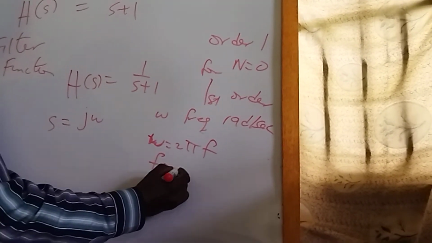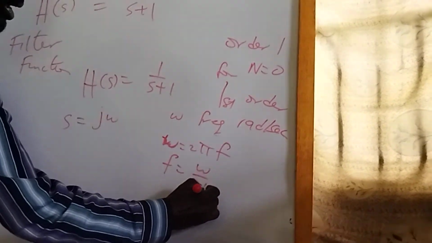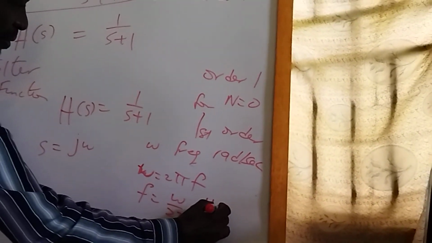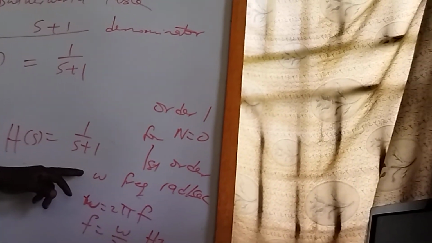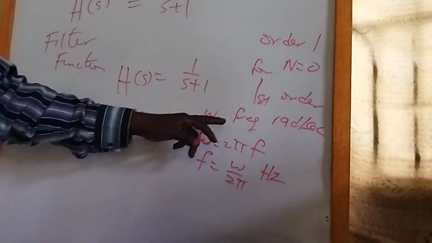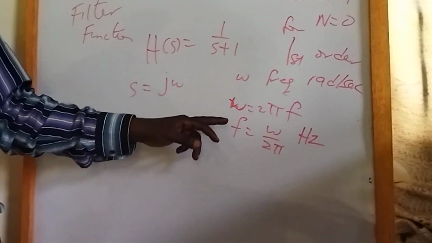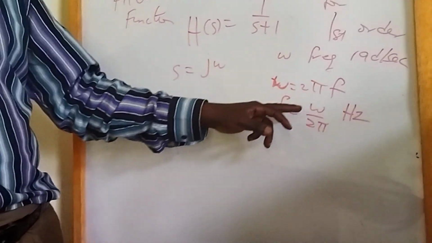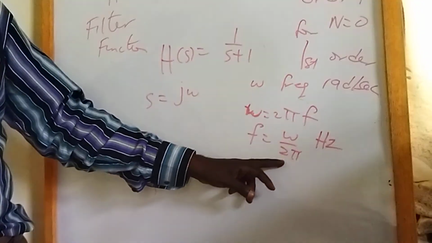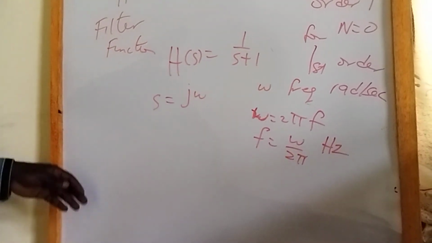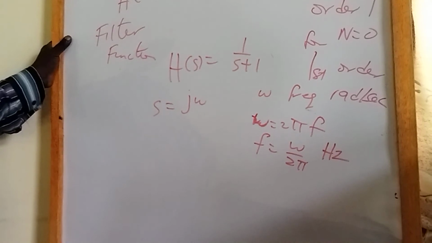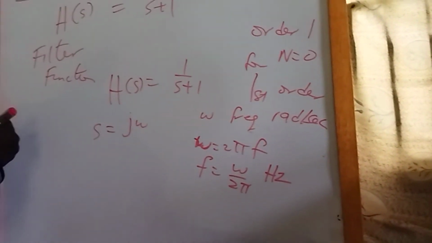That means f is omega over 2 pi hertz. We can express our frequency either as omega in rad per second, or as f in hertz. That is the x-axis.